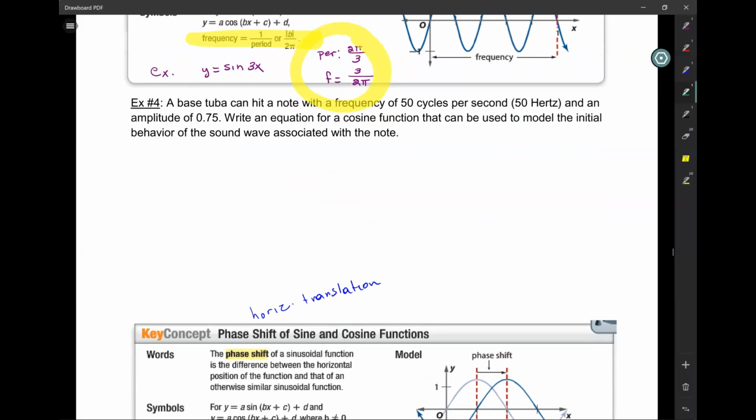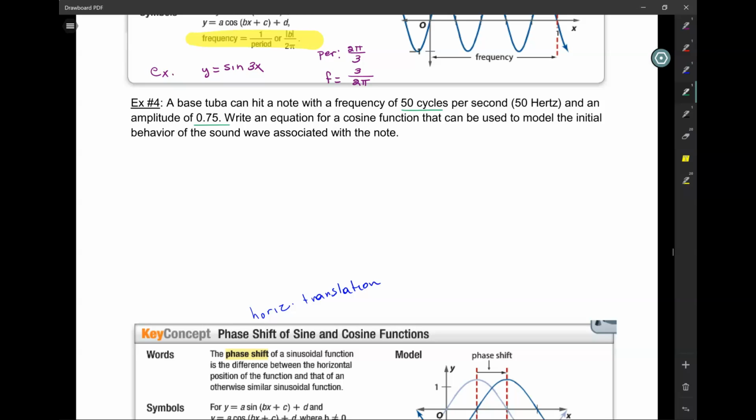It says a bass tuba, like the instrument, can hit a note with a frequency of 50 cycles per second and an amplitude of 0.75. When you go into the world of music, the differences between a middle C and a high C, or a C and an A note, are differences in frequencies.